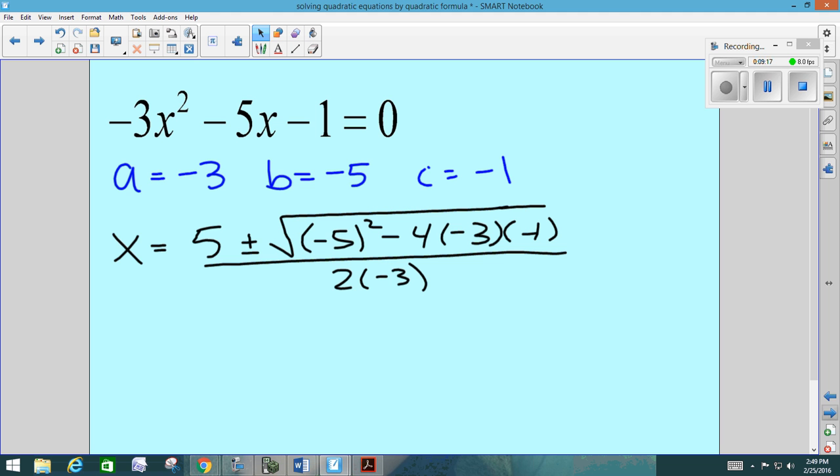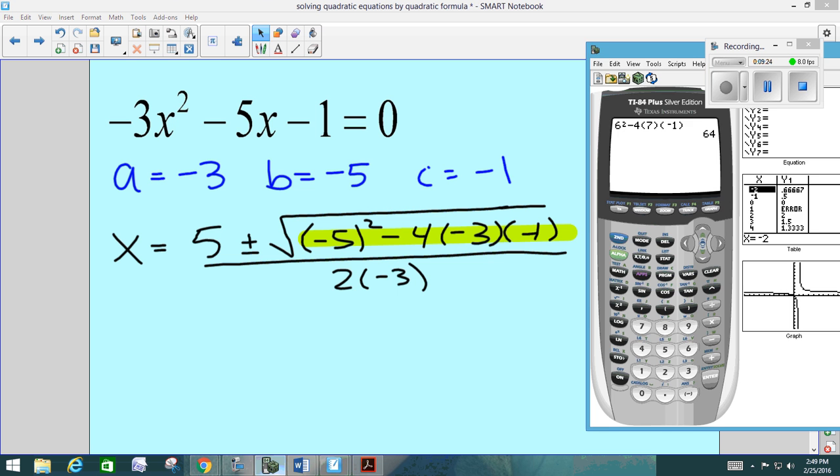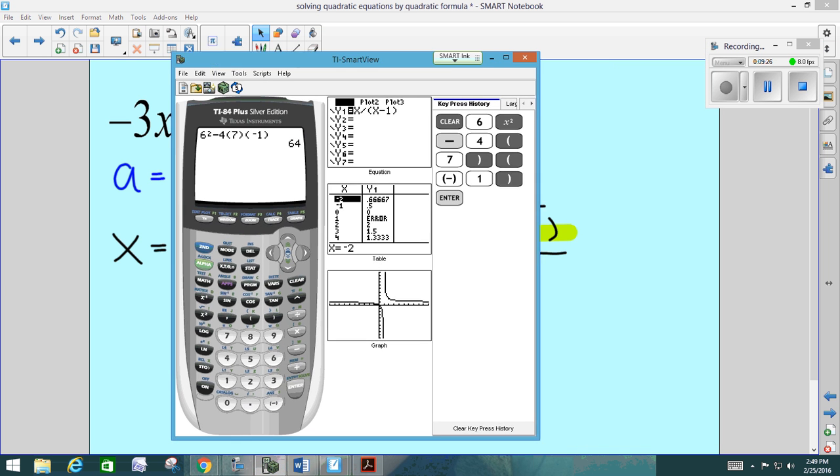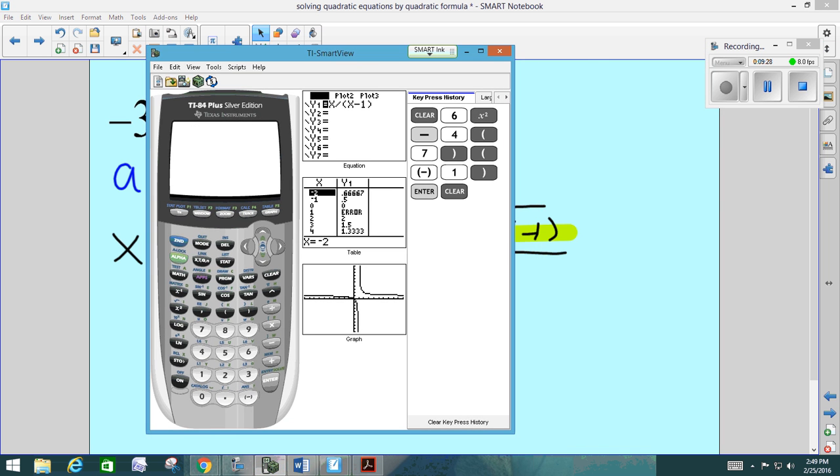Then you can take your calculator and put that discriminant value in there. You have to be careful here. If I put negative 5 squared in my calculator, what do we want to get out? Right. But what did it give me? Negative 25. If you're going to square a negative number, you have to make sure you use parentheses.